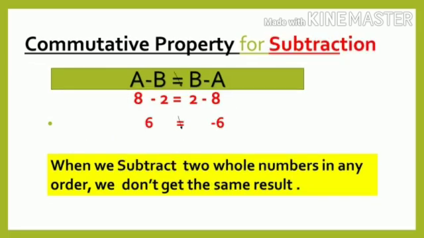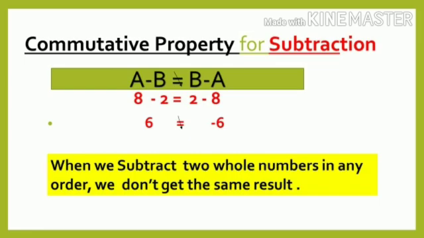After addition, the commutative property for subtraction. Let A be equal to 8 and B be equal to 2. When we subtract 2 from 8, the result will be 6. But when we subtract 8 from 2, the result will be different. The result will be the negative integer minus 6.